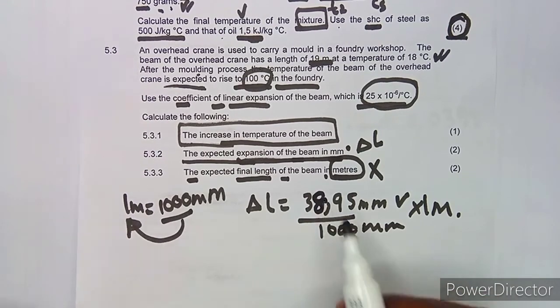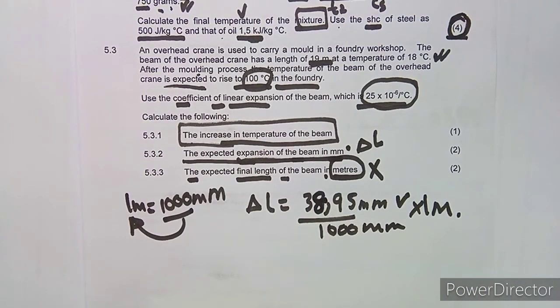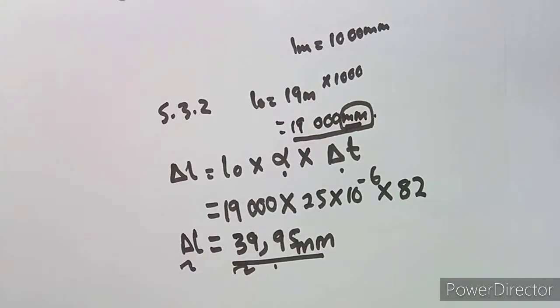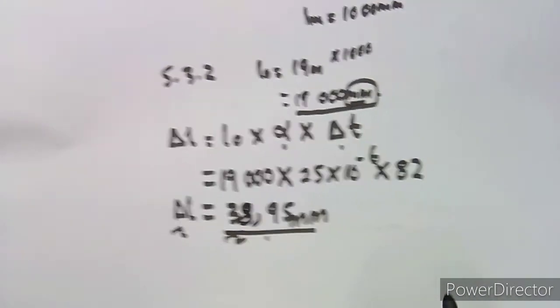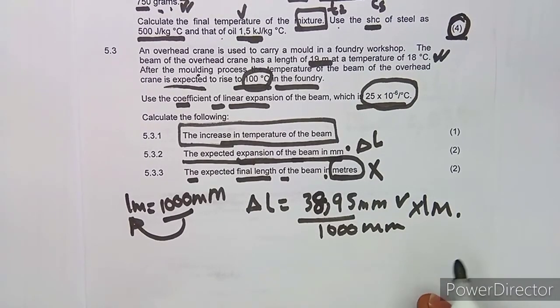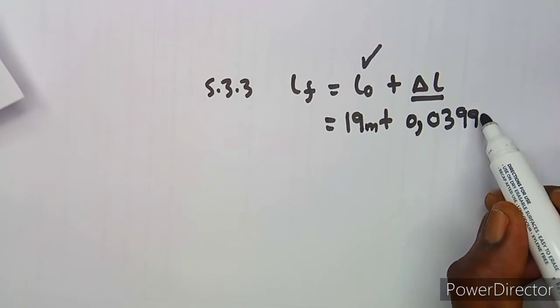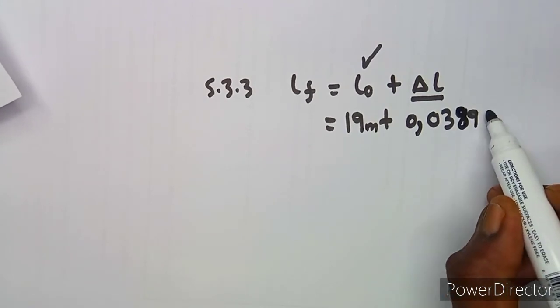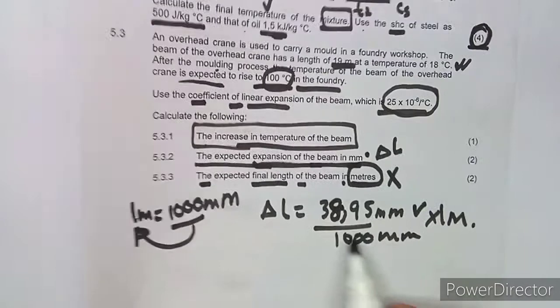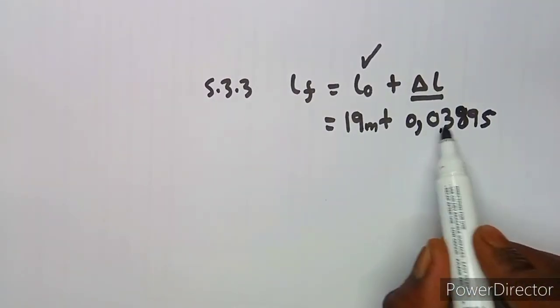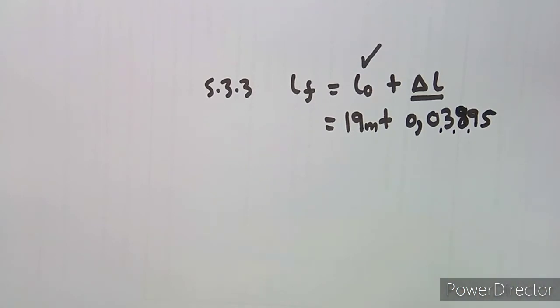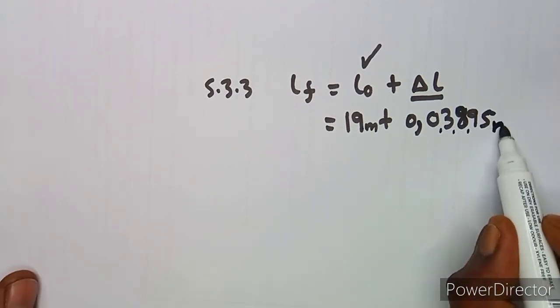This was 38, guys. I hope someone saw this. I don't know what's happening there, but that was 38. So that's going to give us 0.03895, like that. So that's what you're going to obtain after dividing. 1, 2, 3. Yeah, it makes sense. So this is now in meters.